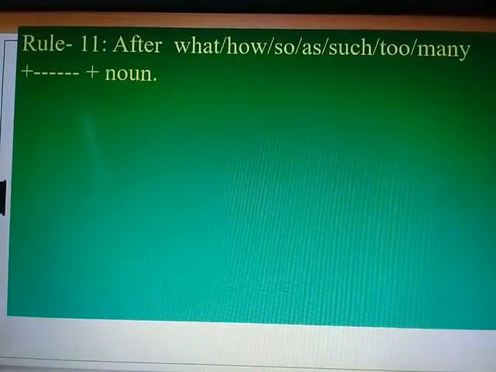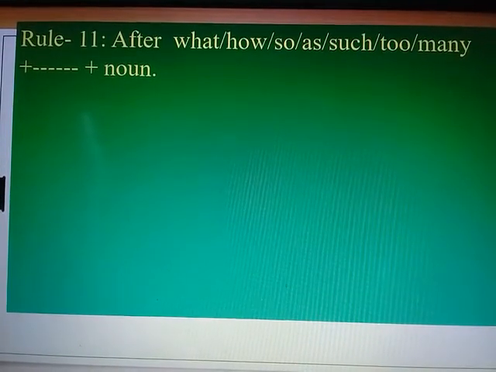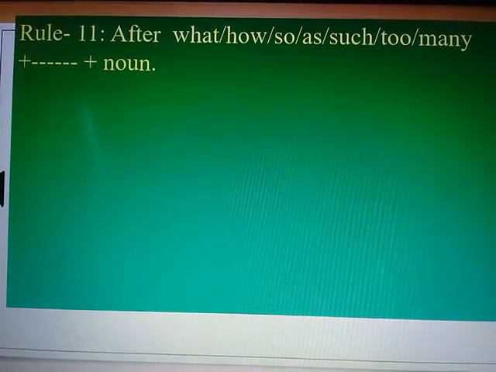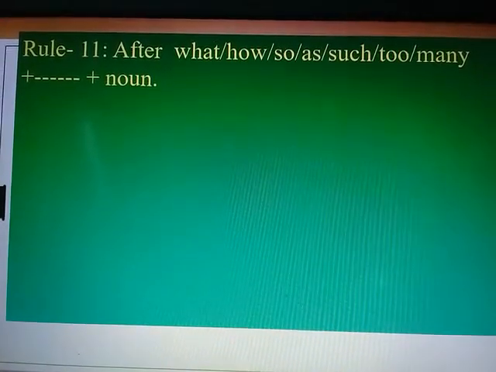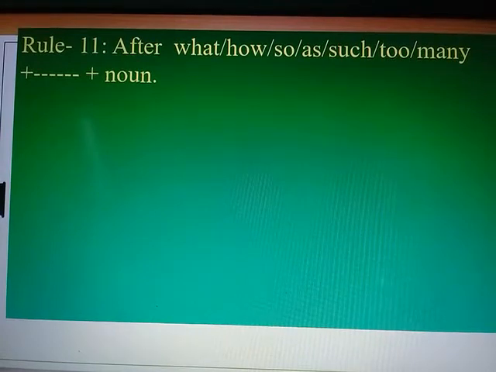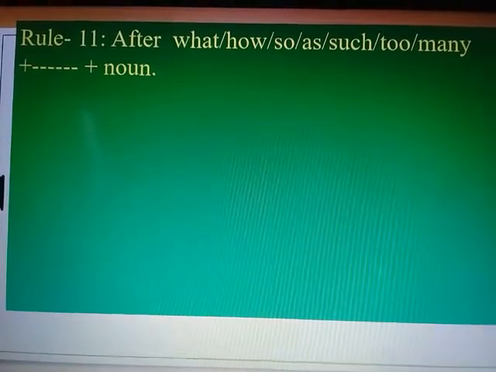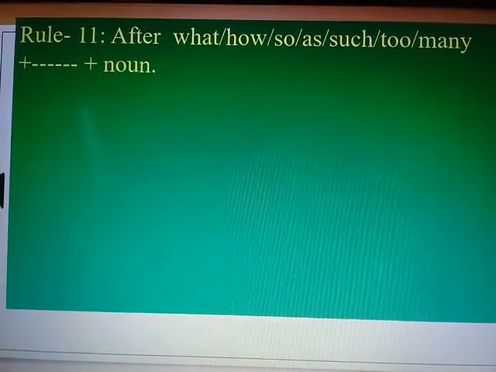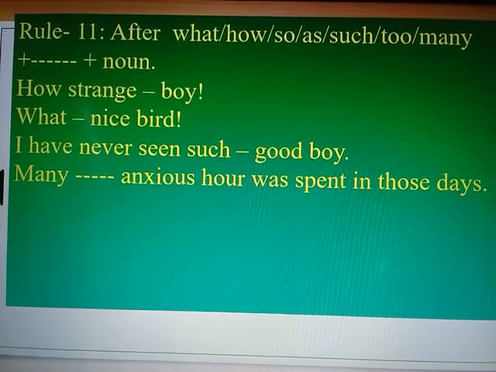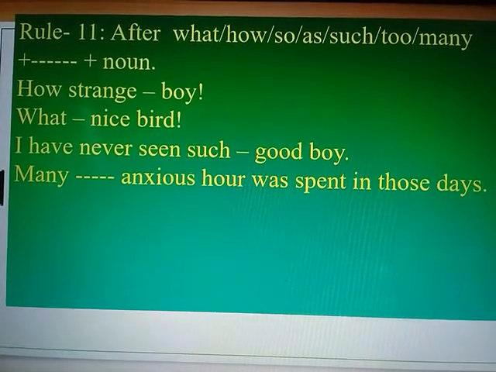Dear boys and girls, next rule, rule number 11: after what, how, so, as, such, too, many, plus gap plus noun. That means after these words, we have to use a or an before the next noun. Example: how strange a boy.